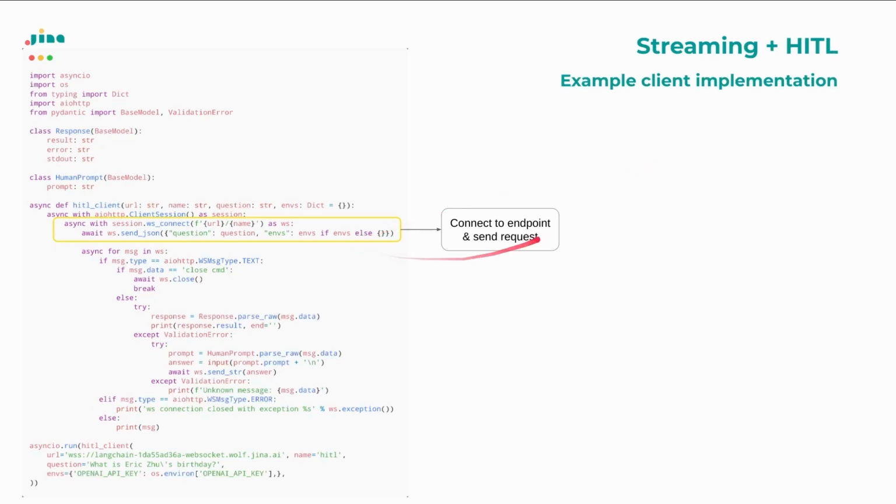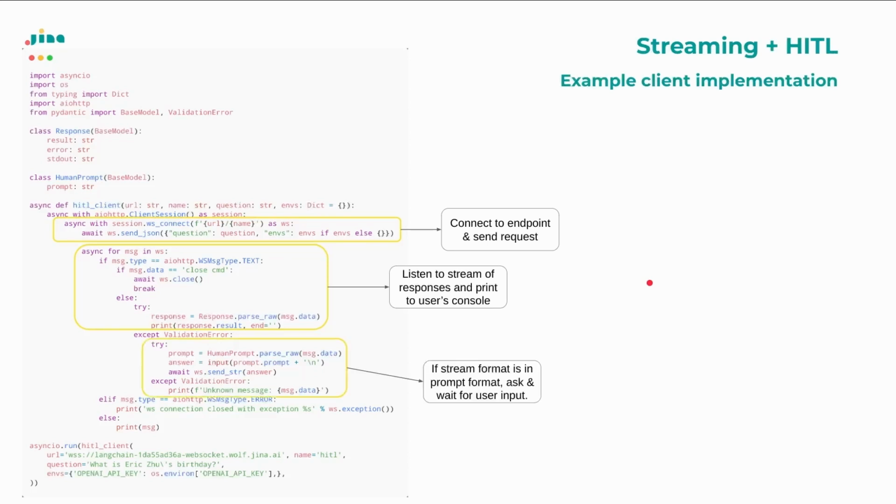First it connects to the endpoint and sends a JSON which has the question and the envs like before. Then it waits for a stream of responses back from the server and prints them to the user's console. There's a particular format that it intercepts, which is expected whenever user input is desired.